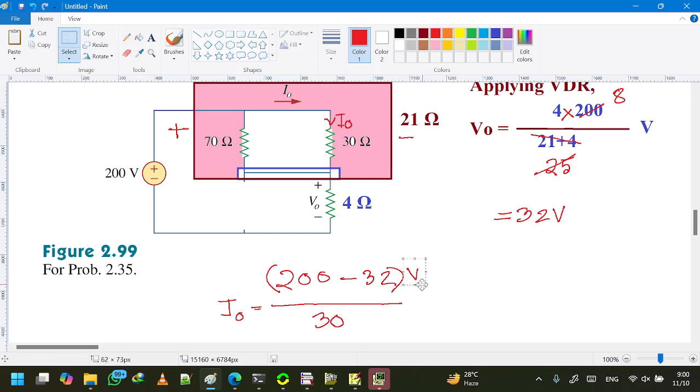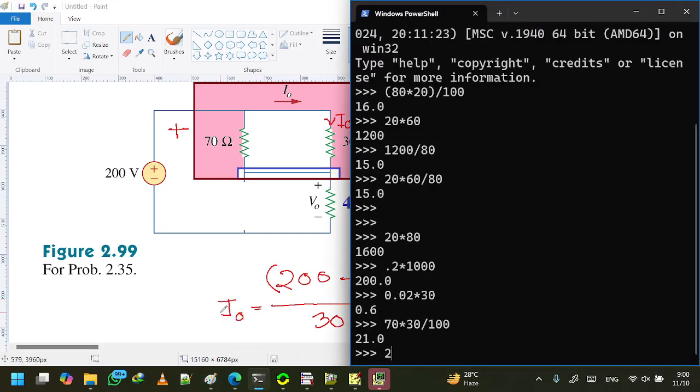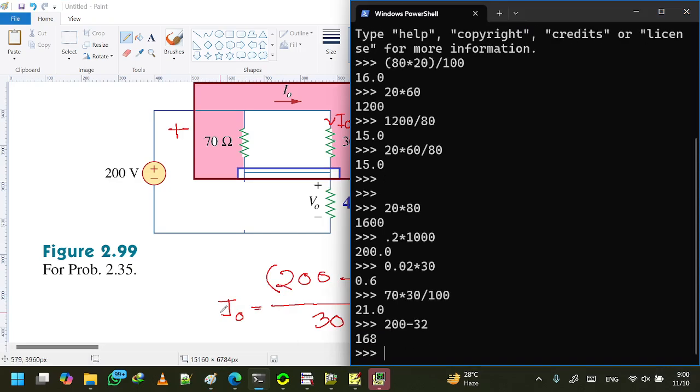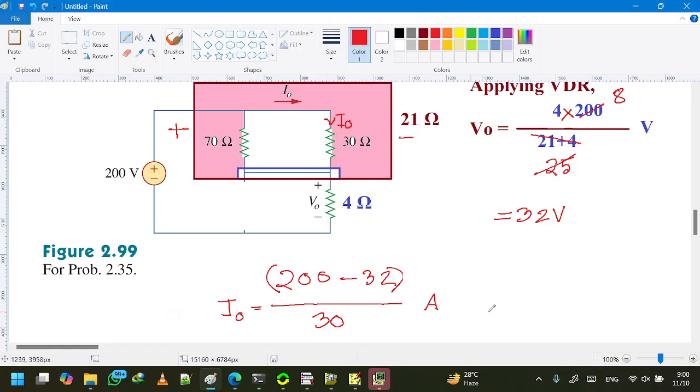Here the unit will no longer be volt, the new unit will be ampere. So the calculation is 200 minus 32, which is 168, divided by 30. 168 divided by 30 is 5.6. So the answer is 5.6 ampere, and the voltage is 32 volt.